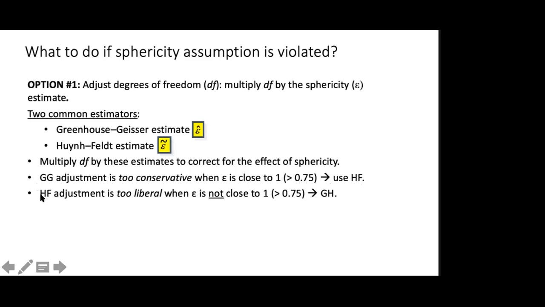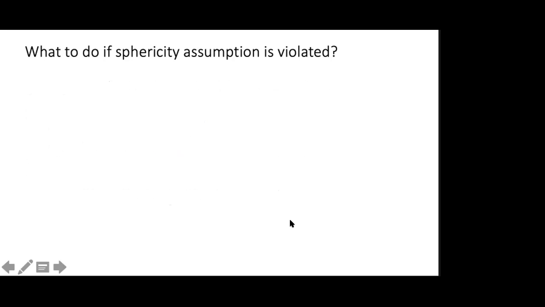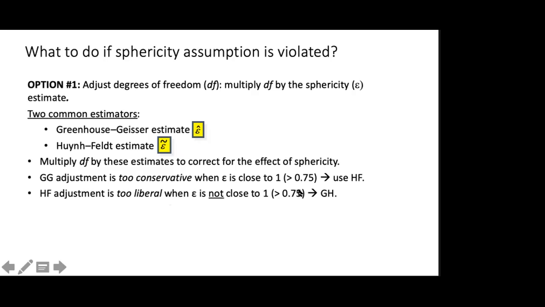On the other hand, Huynh-Feldt has been criticized as too liberal when sphericity is very low, when you have a larger deviation. So if your epsilon is smaller than 0.75, you should rather use the Greenhouse-Geisser estimate. That's just a rule of thumb.